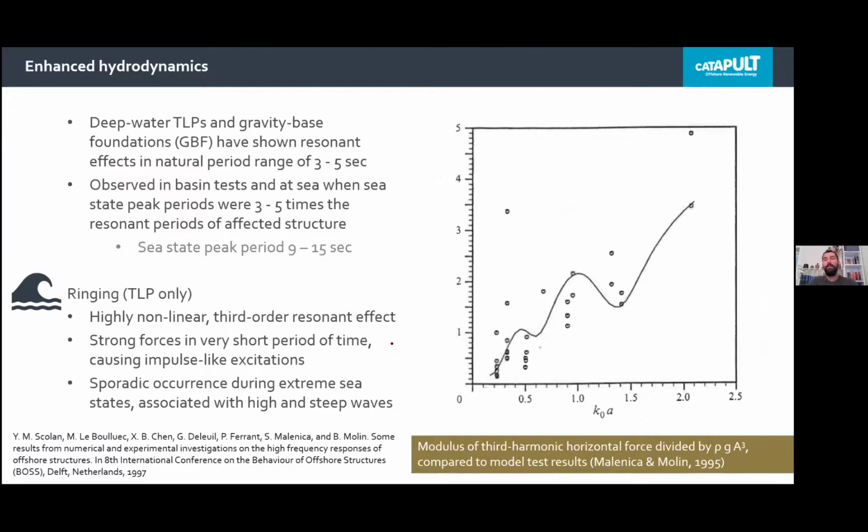There is a third order effect that I'm not going to show the equations of, but I thought it would still be interesting to discuss. And that is called ringing.